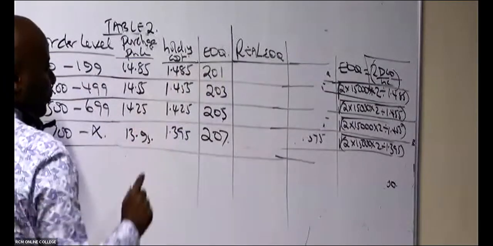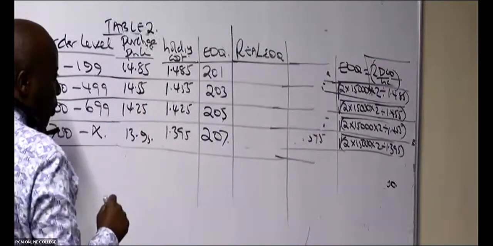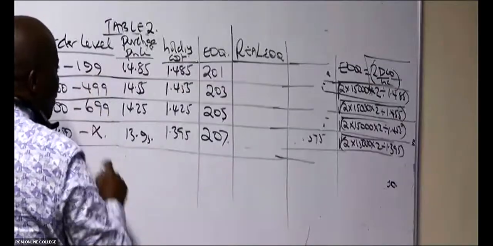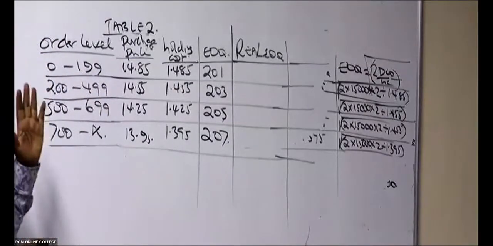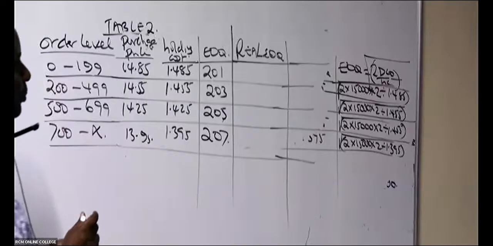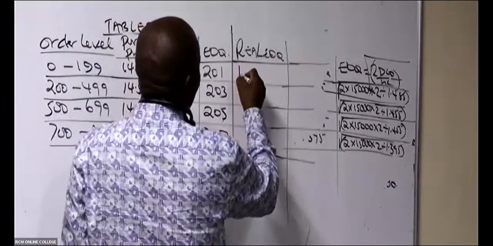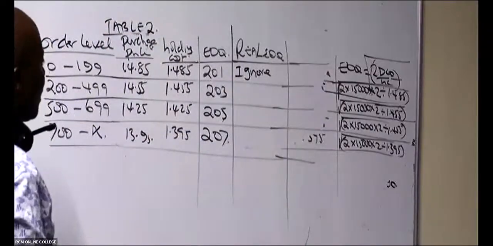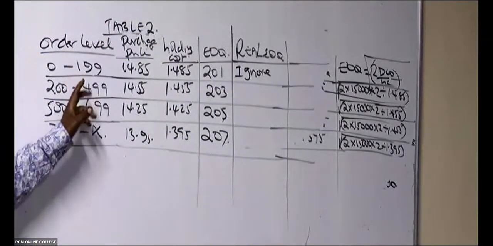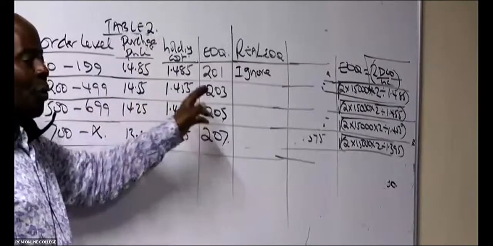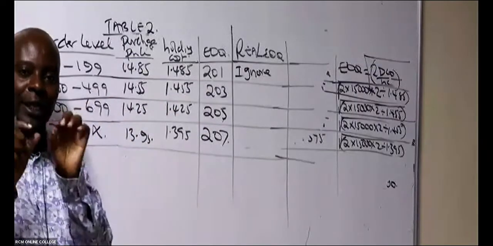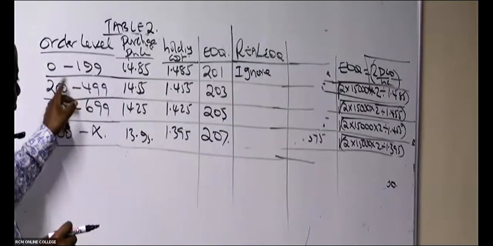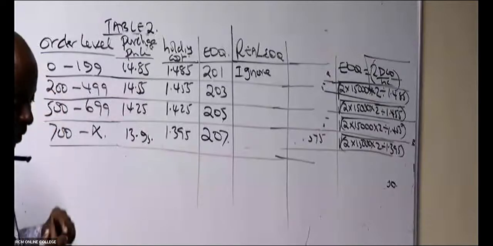what should we do? Is somebody able to remember those 3 conditions? Like now 201 is higher than this upper range value. What shall we do? Ignore. So this one here we shall ignore. 201 is more than 199. Look at 203. 203 in this case falls within the range, inside the bracket.